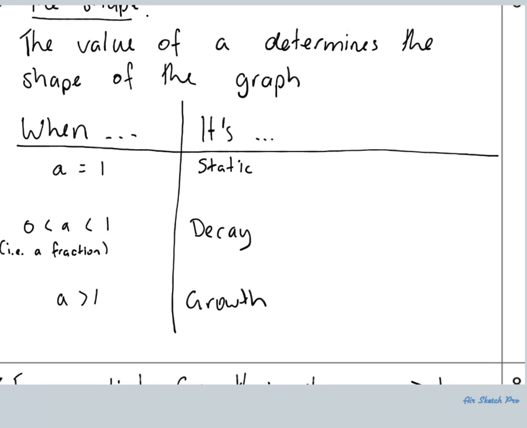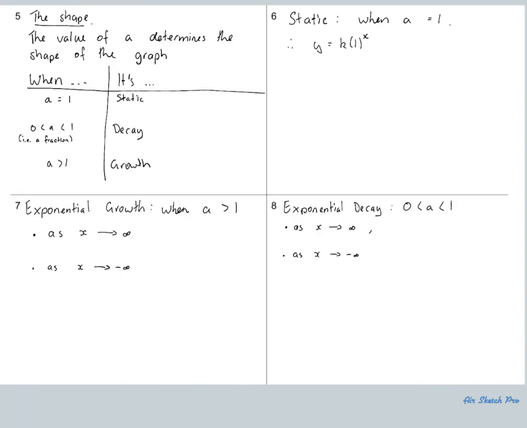I'm going to zoom out now so you can see the other 3 slides, and I'm going to tackle each of these in turn as quickly as I can. Now, static is boring. It's not exponential, really, so I'm not going to spend too much time on it.